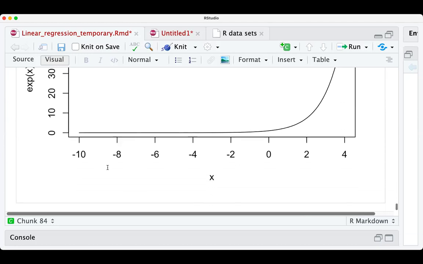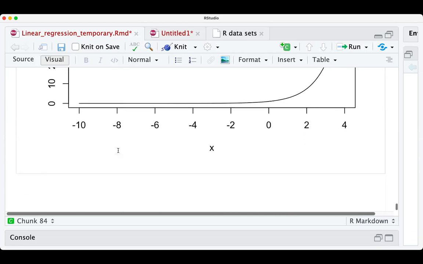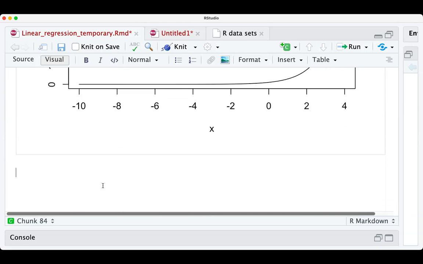So even if you cannot see from this graph, how is the logarithm defined? Well, the logarithm of x is y if e to the y is equal to x, then the logarithm of x is equal to 1.